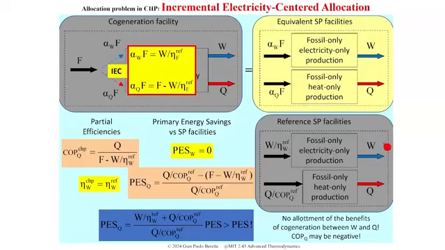If I produced it in the reference separate production facility, with this reference efficiency, I would have consumed this much fuel, W over the reference efficiency. In my cogeneration plant, I consume more than that. I consume F. So if I subtract what I would have consumed for the production of that work, the extra fuel I'm consuming is attributed to the heat that I'm producing.